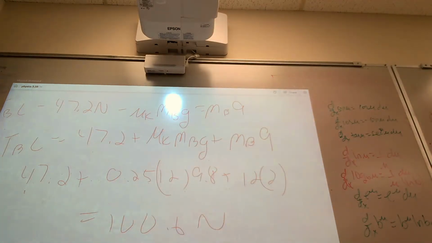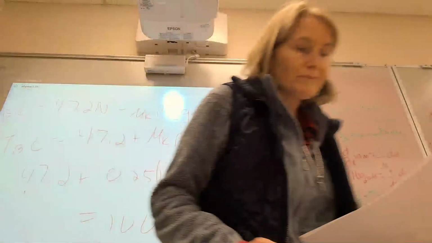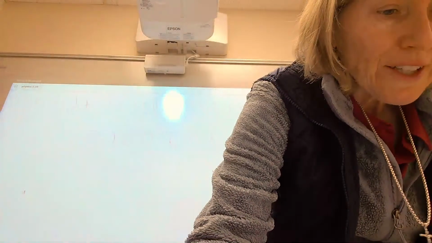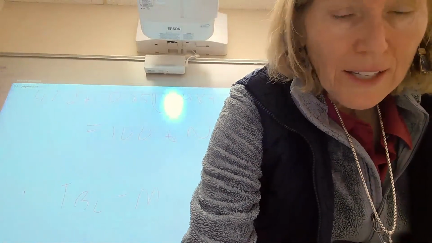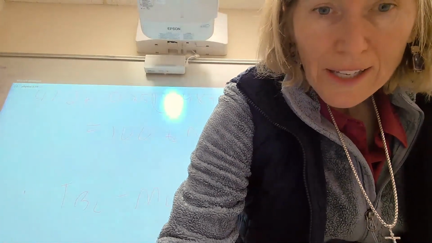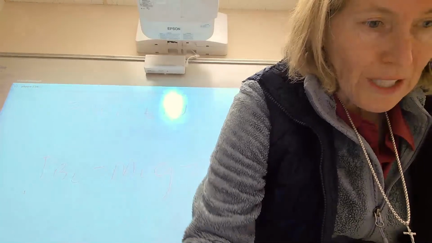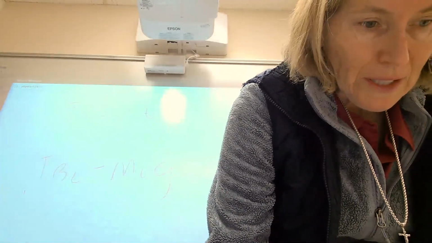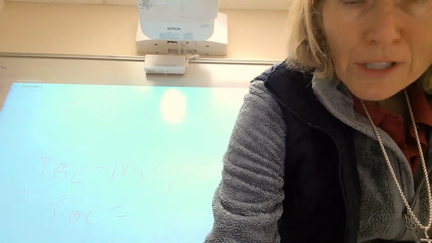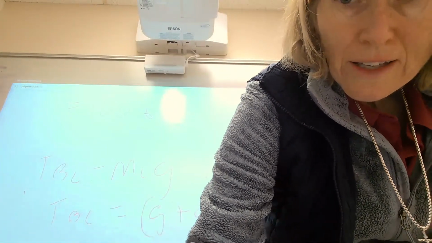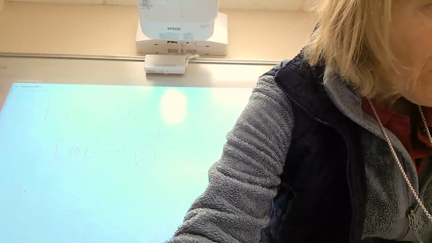Then we use our last equation, sigma Fy: TBC minus MCG is equal to MCA. We're solving for MC. So I have TBC is equal to G plus A times MC.